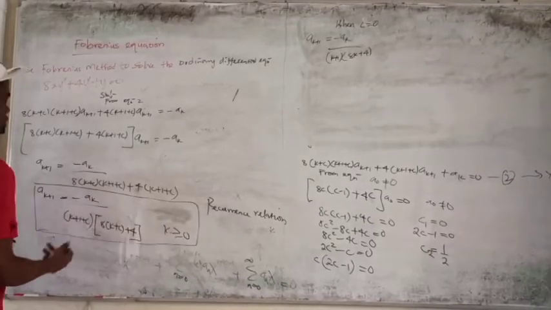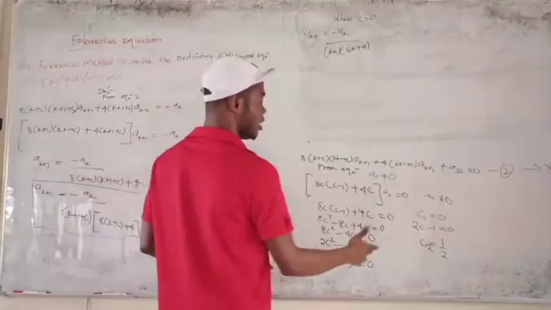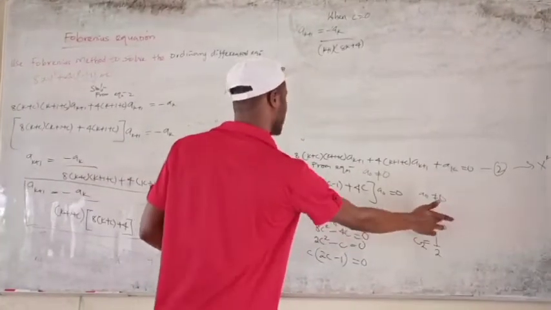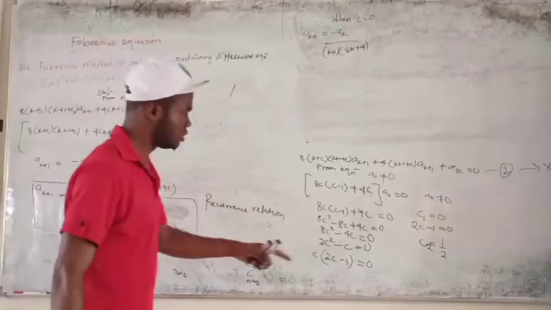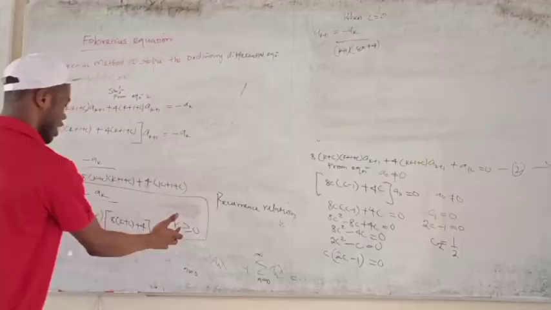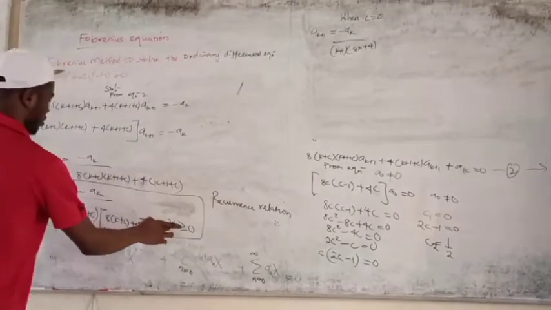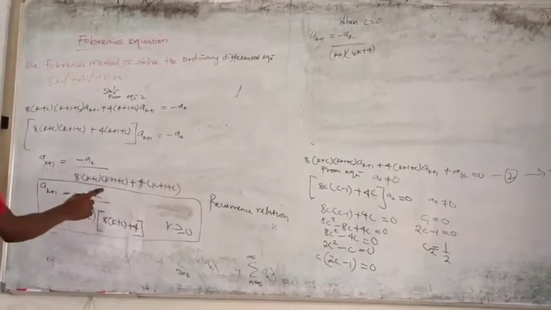I need the value of my a naught from here. You can also describe it by saying the lowest value of c is 0, and the next value of c is greater than 0. So you can use that to analyze this concept. I need the value of my a naught.